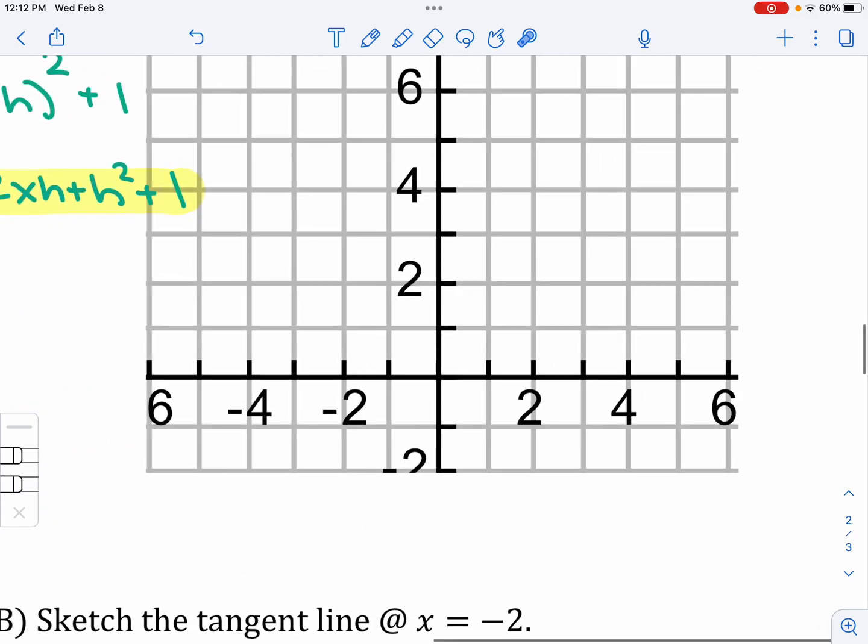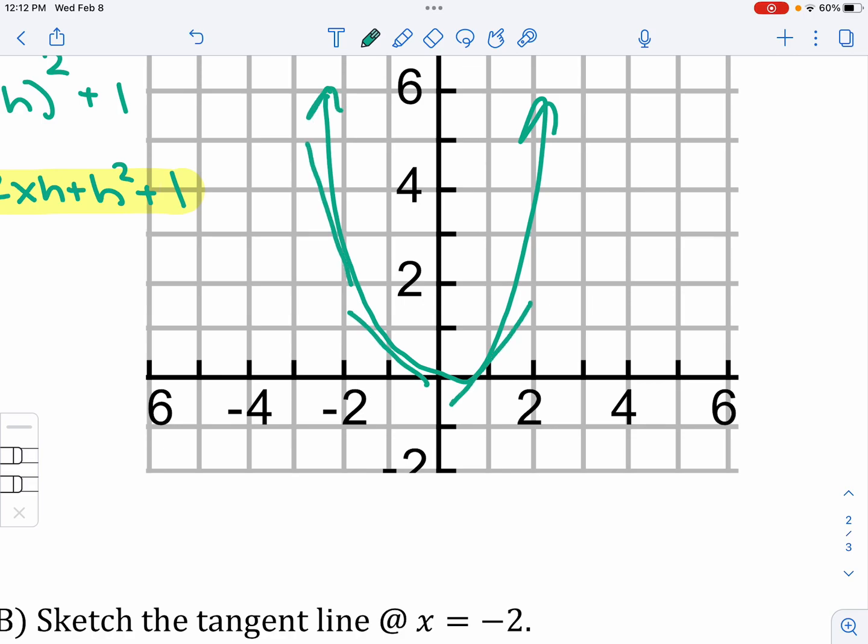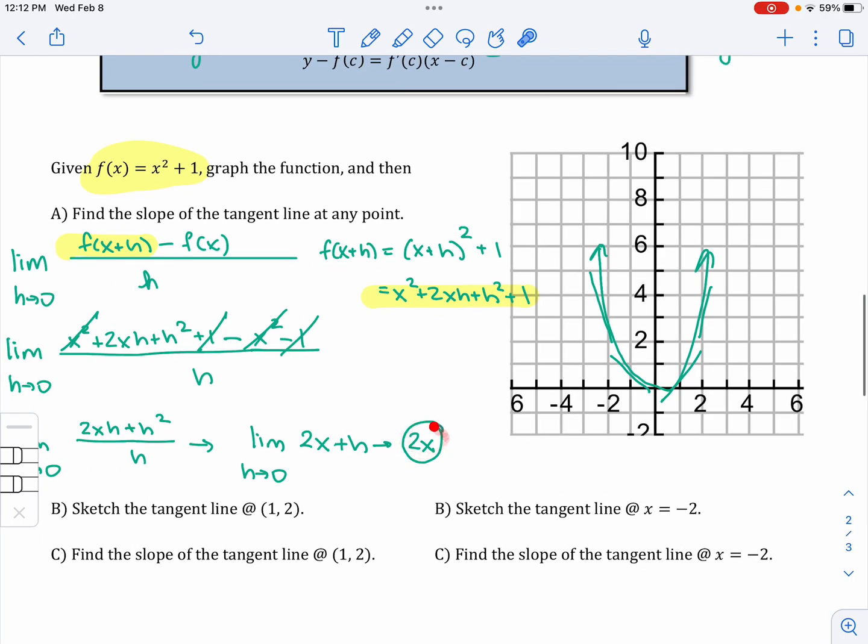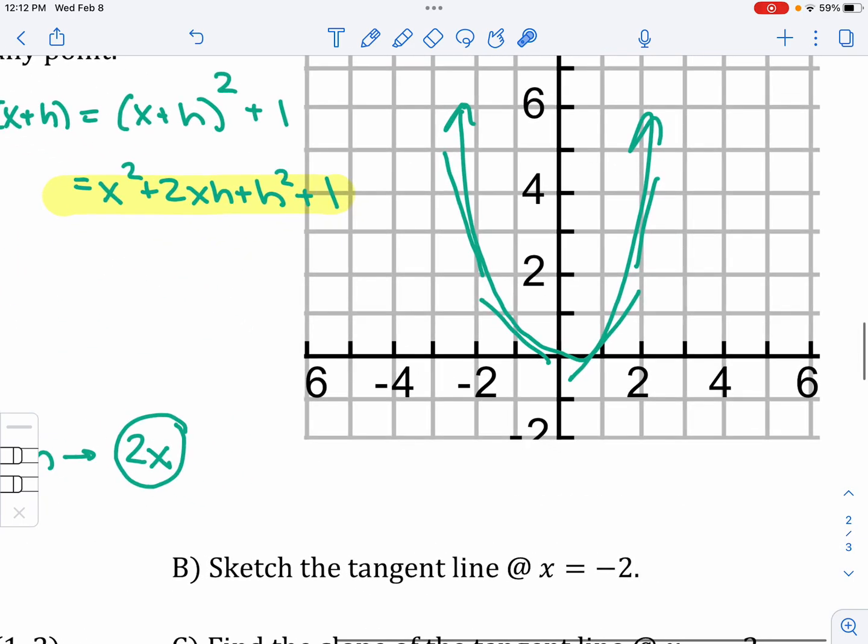And what I mean by that is, you've got a parabola that looks like this. There's a slope here, a slope here, a slope here, a slope here, and all those are different slopes. So this equation should help me get the slope of each of these lines. This curve has an infinite amount of tangent lines that we can draw, so this equation will help us shortcut that infinity a little bit, okay?